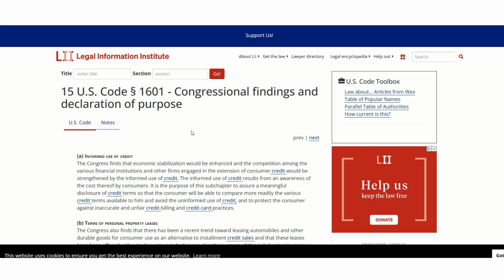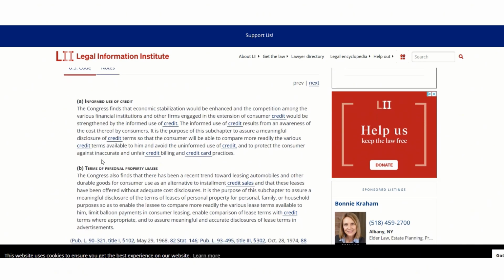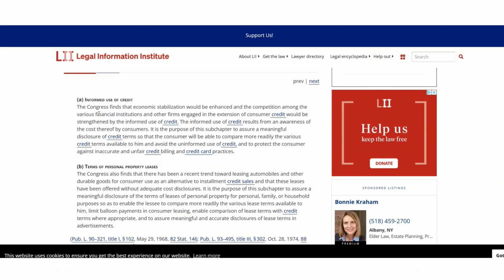All right. So here we got congressional findings and declaration of purpose, Title 15, United States Code, Section 1601. And this is what it says.